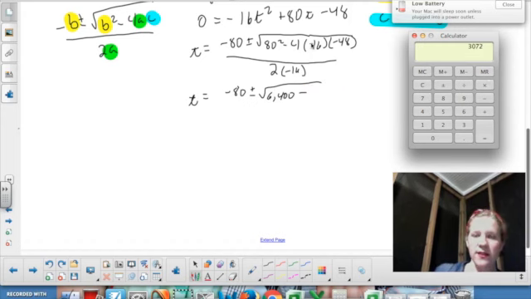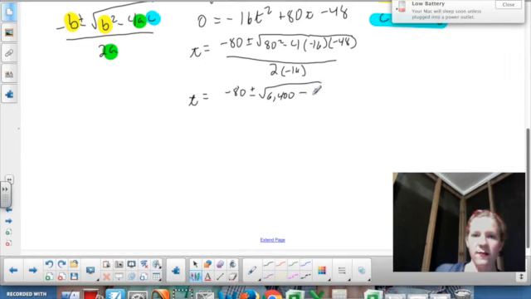And a negative times a negative is positive, times another negative is negative, so that's why I've got that there. That calculator doesn't have the negative button, so I have to think through that on my own. And then underneath, 2 times negative 16 is negative 32. Okay, next step, I'm going to do my subtraction in here.